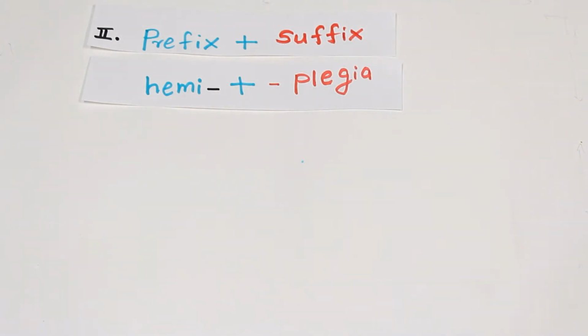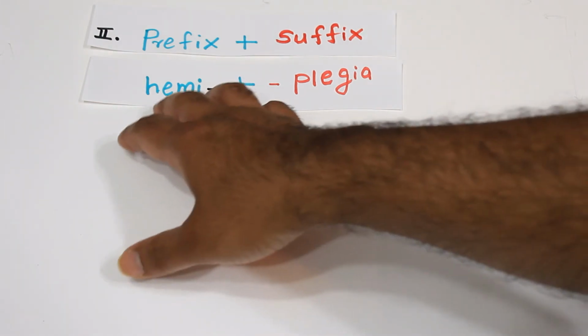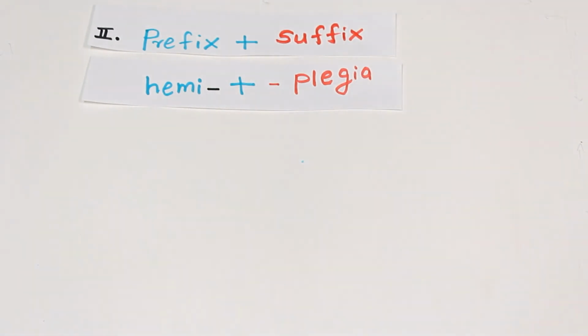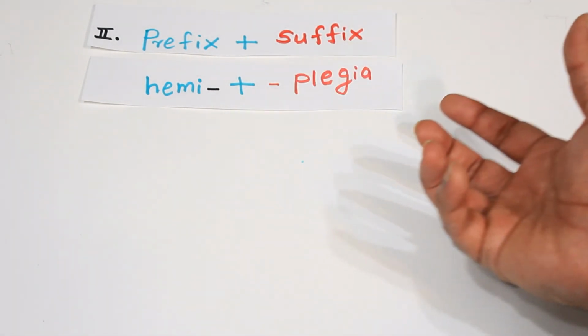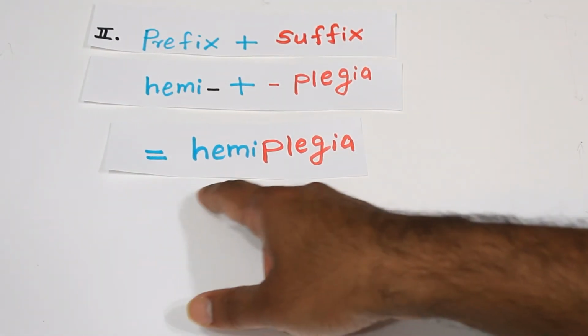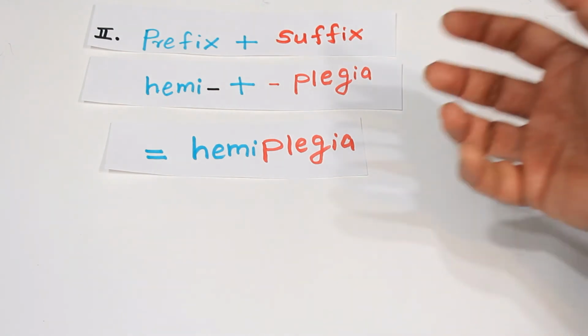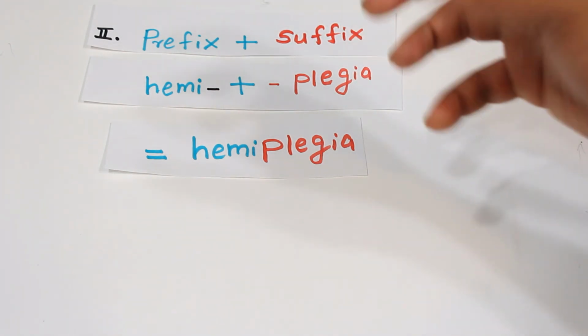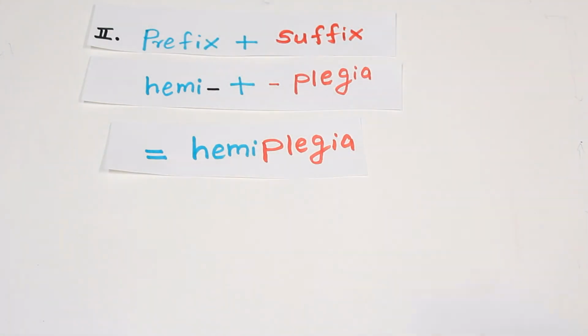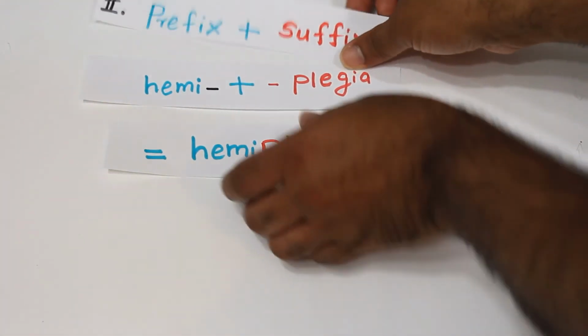The meaning of it is similar to paralyze. So hemi means half, paralyze. Here is the final word, hemiplegia. There is no word to be kicked out, so we have hemiplegia, the whole word. Okay, this one is done.